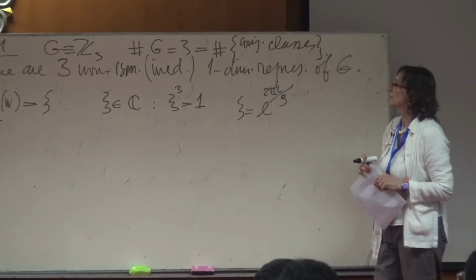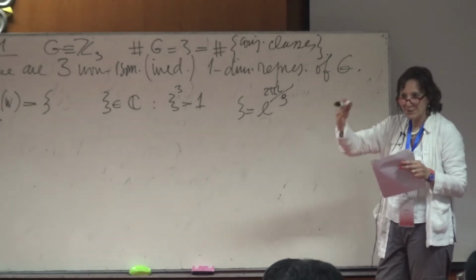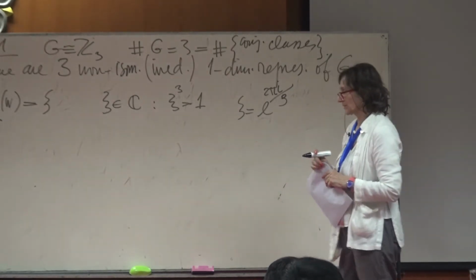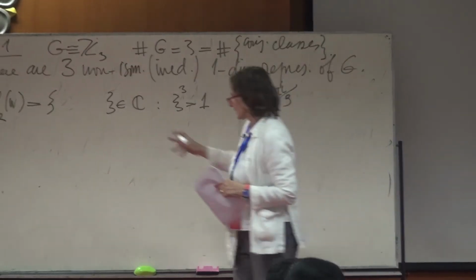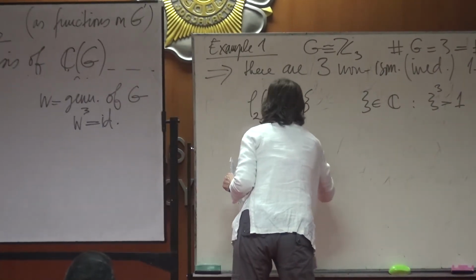It is enough that we know the representation on a generator, no? Because later we know the rest, and then we have rho 3 of W.